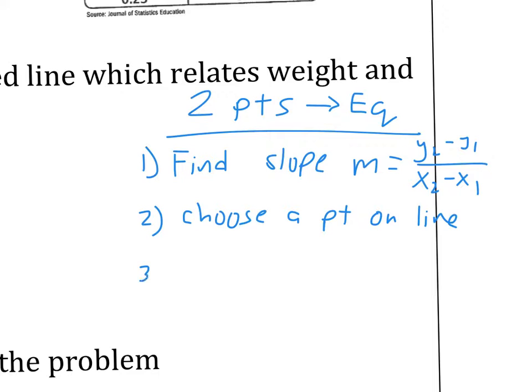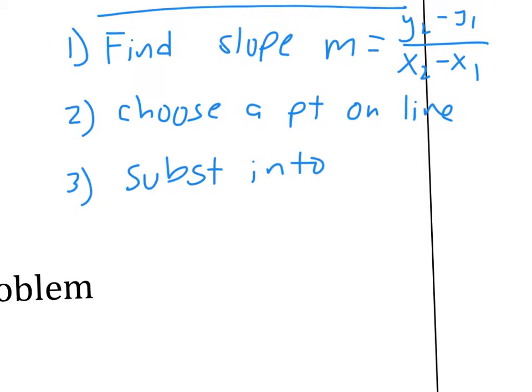Next, number 3, we're going to substitute this in, and if you recall, point slope form. And point slope form looks like this: y minus y1 equals m times parentheses x minus x1. And this is called point slope form.